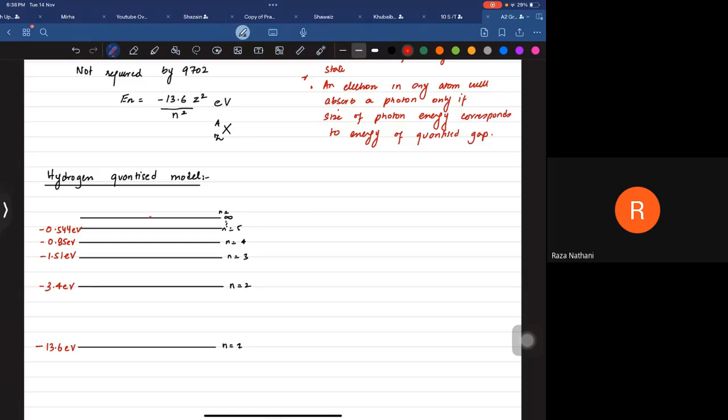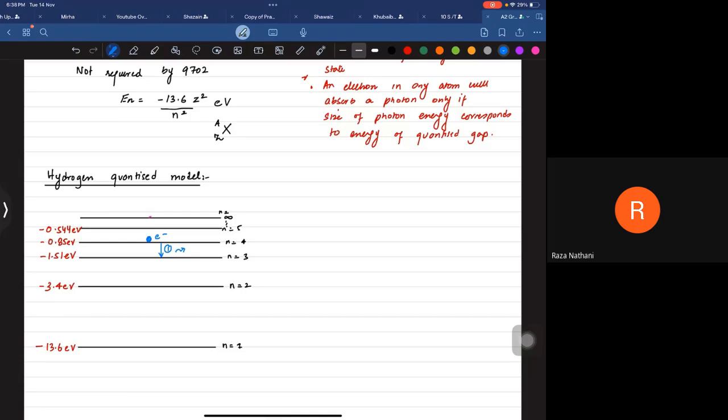Electron jumps are made. Suppose the electron absorbs a photon and it ends up at this position right here. All right, so here we have an electron. Now electrons cannot stay there for very long. So what they do is they start making jumps back to the ground state. There are a couple of ways they can do that. First, they can make partial jumps, like they can go from n=4 to n=3, and while doing this they release a photon.